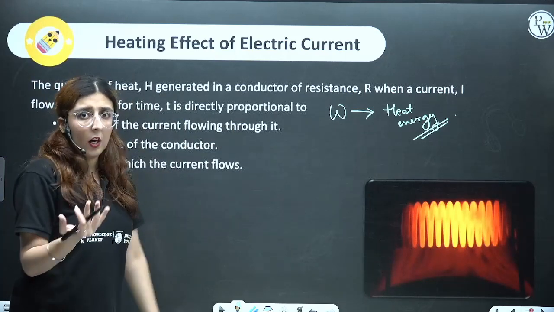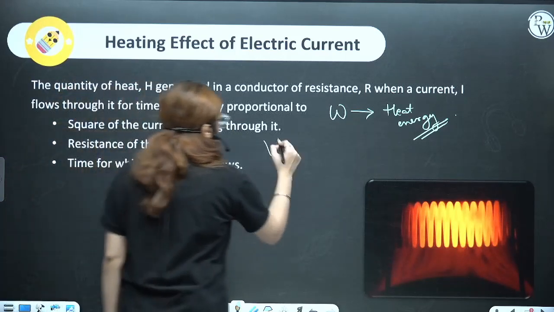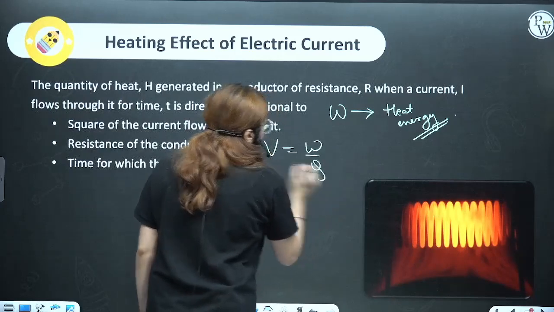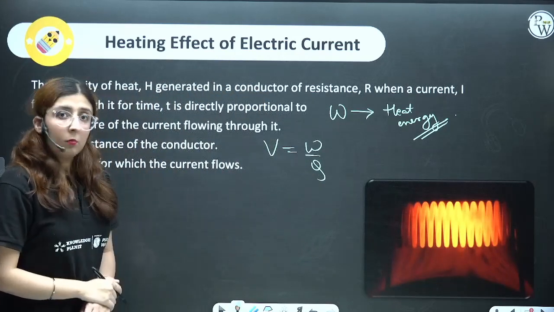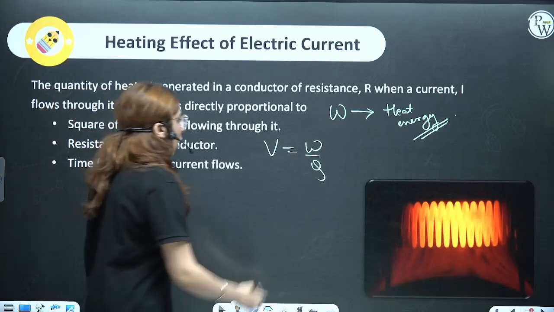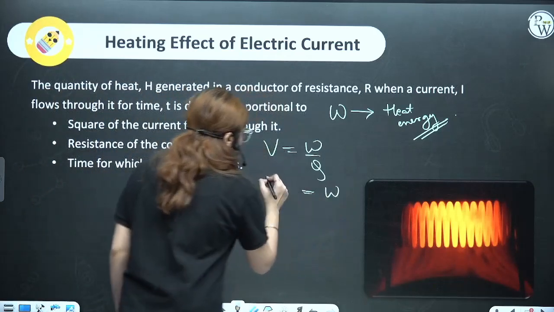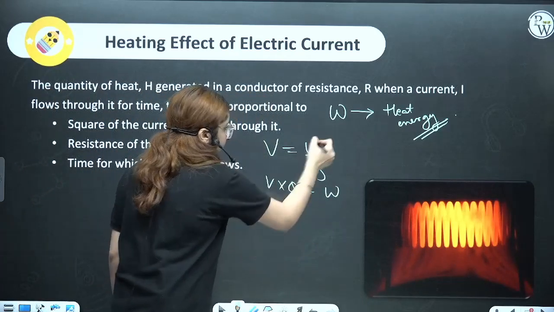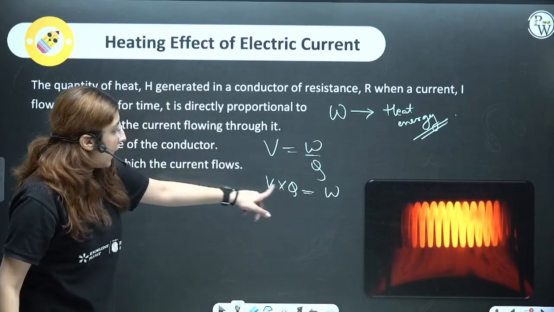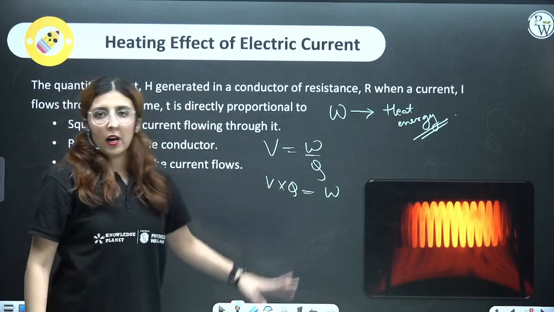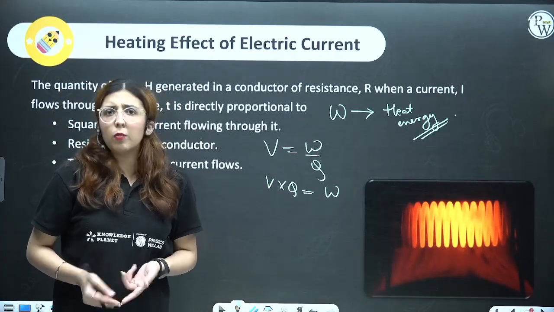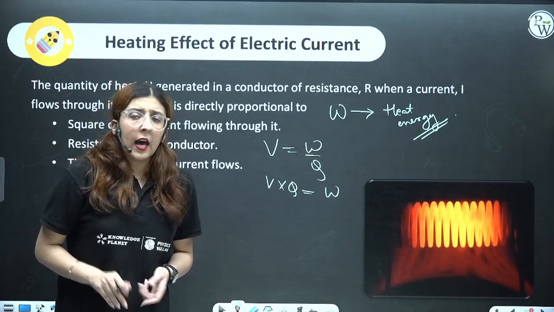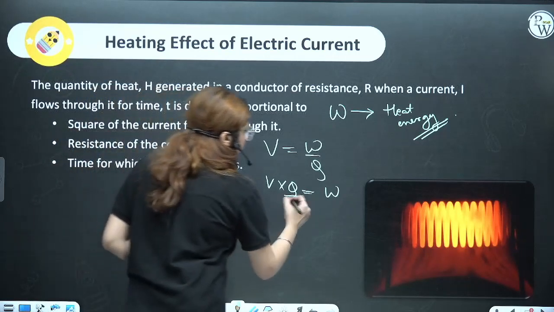Now I am saying work, right? Remember, V is equal to W by Q. In the place of this, I can write down work done is nothing but potential difference into charge. Will that be fine? Of course, we can. Now what is your charge?